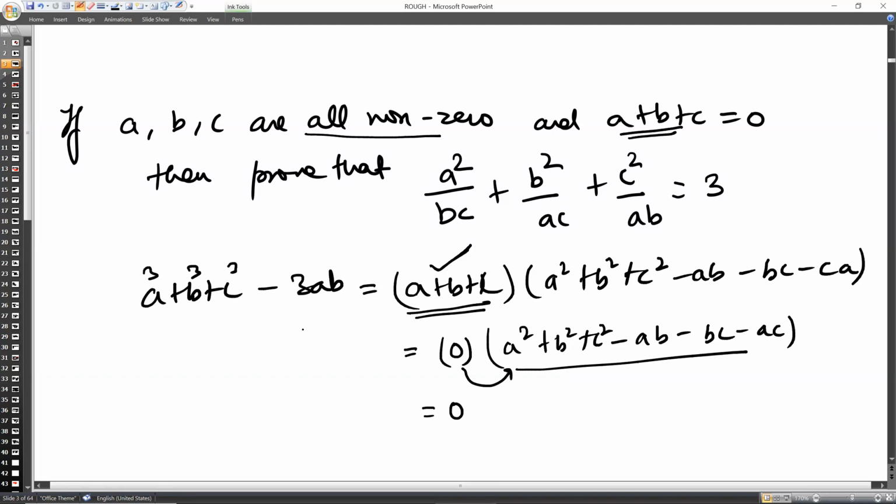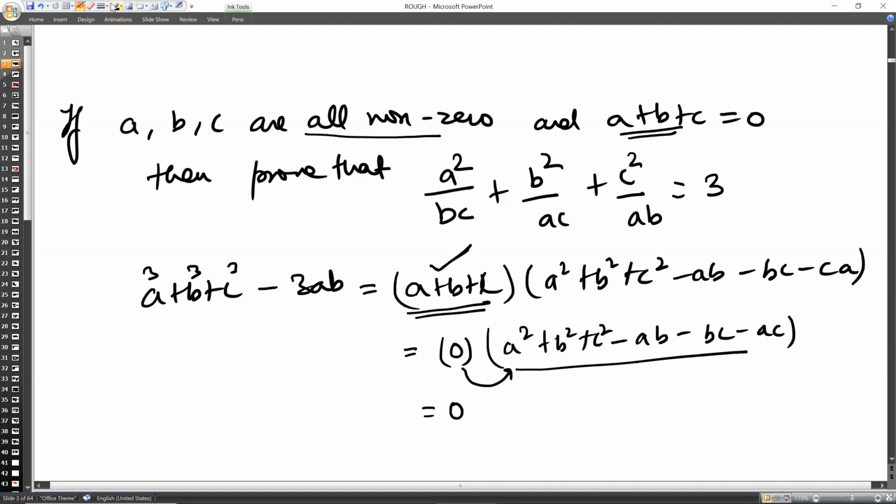So you need to understand one thing here: A cube plus B cube plus C cube minus 3ABC is an identity. You have to memorize this one. This is the identity of polynomial. We have A plus B plus C, and then A square plus B square plus C square minus AB minus BC minus CA. And it is given in the question that A plus B plus C is 0.